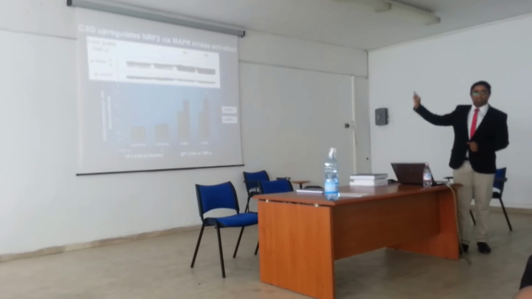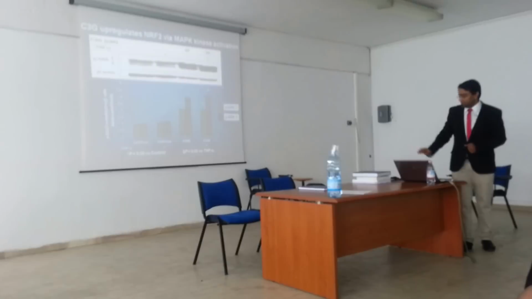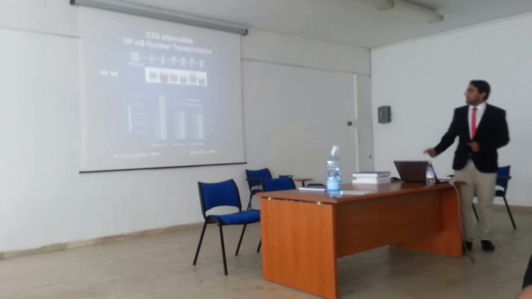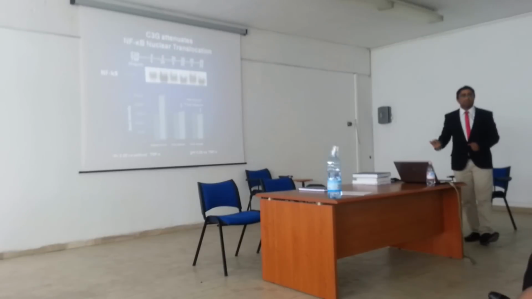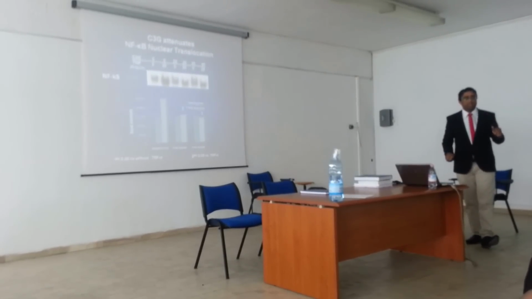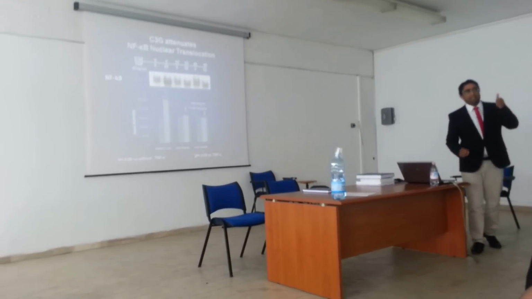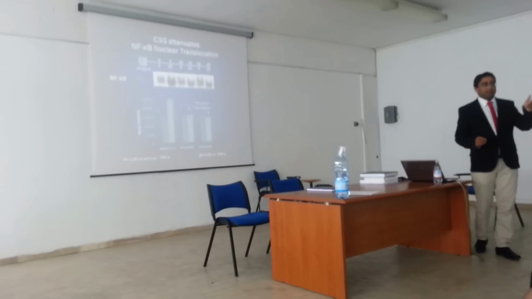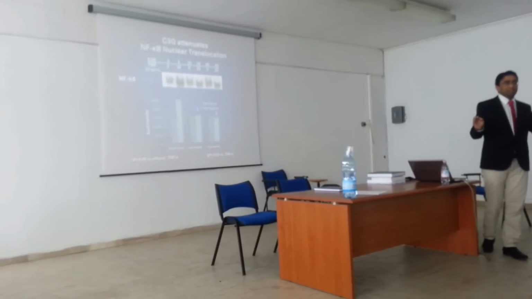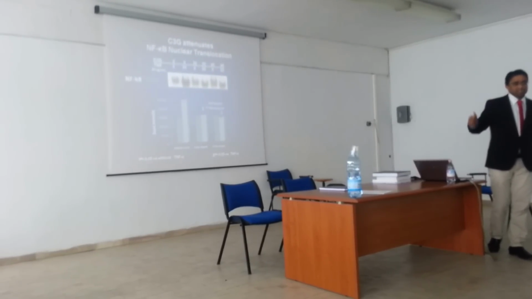So ERK also with stress and without stress. So we are correlating these things. Then, like previously, cyanidin was able to decrease the NF-kappa B value. It means cyanidin is activating the NRF2 pathway, and this pathway is inhibiting the NF-kappa B pathway in endothelial dysfunction.